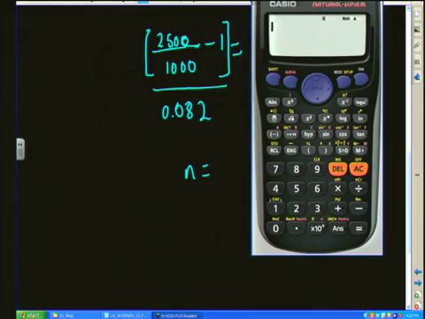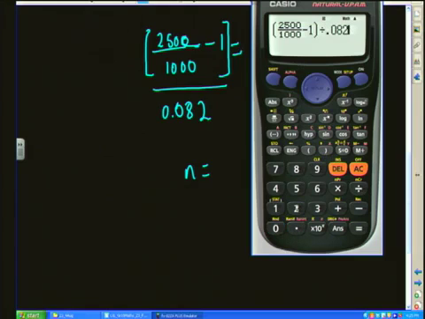Okay. So we've got 2,500 over 1,000 minus 1. Close that bracket, and then the whole thing is divided by 0.082.